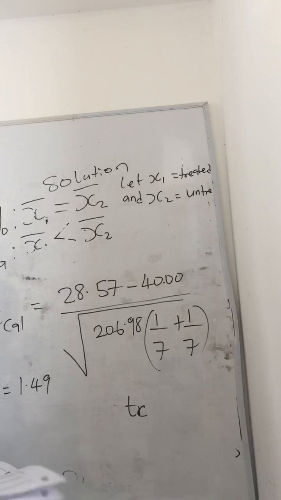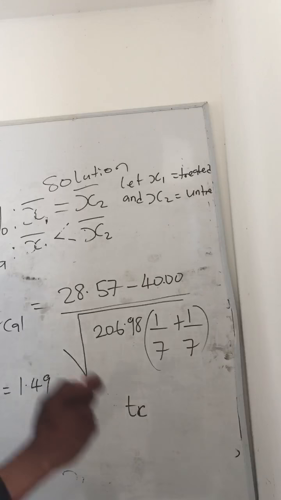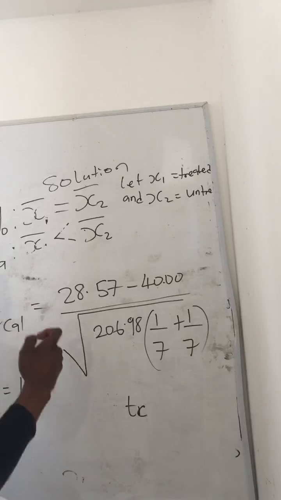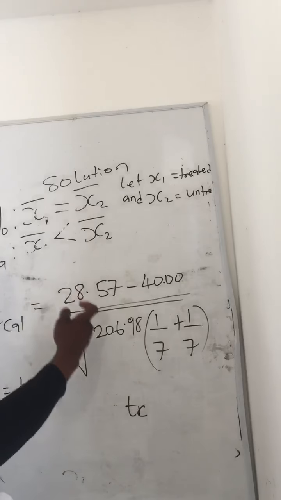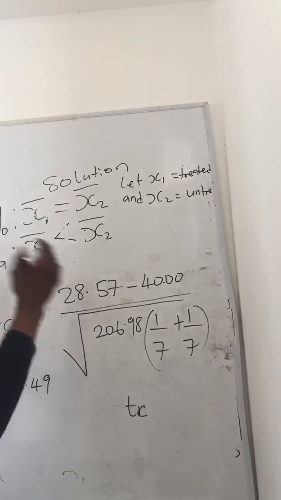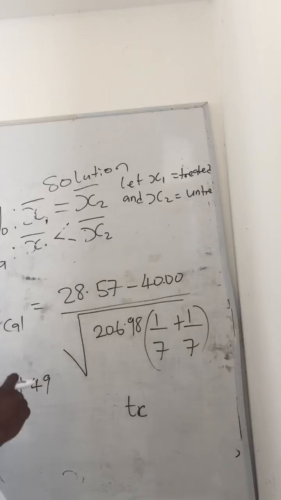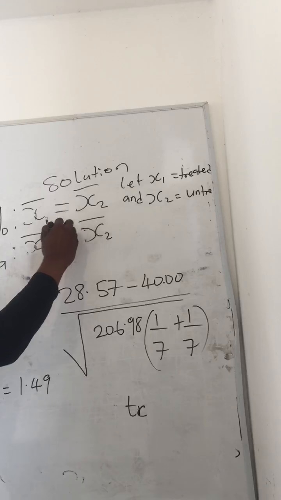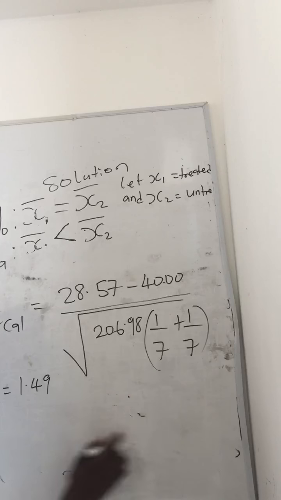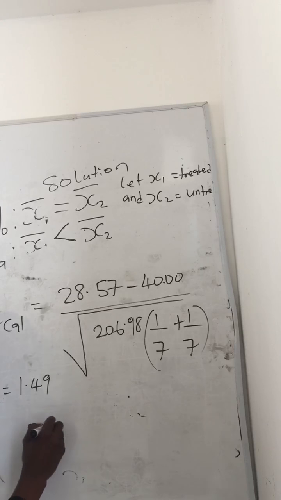To compute the t critical, you have to know the significance level, and you have to also know whether it is a one tail or two tail test. Remember, in our last video we dealt with one tail and two tail tests. And for a test like this, where you are dealing with this greater than this, it is a one tail test.